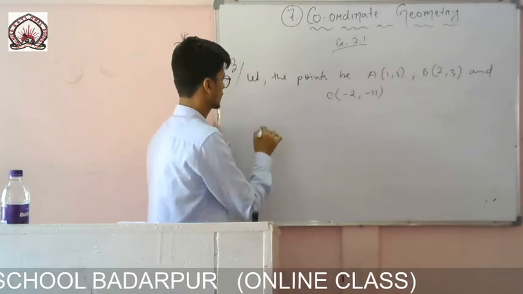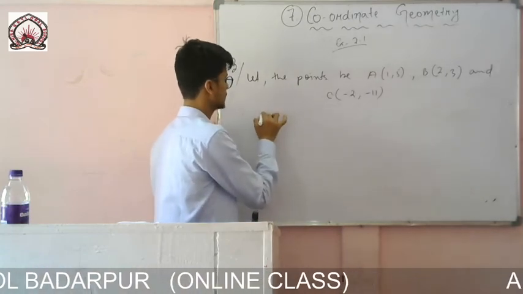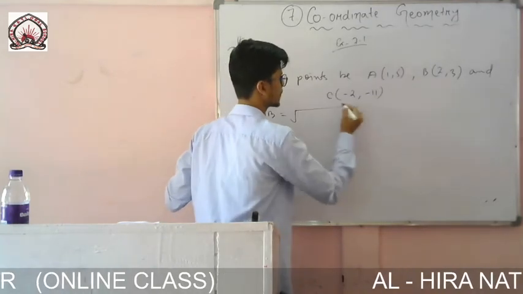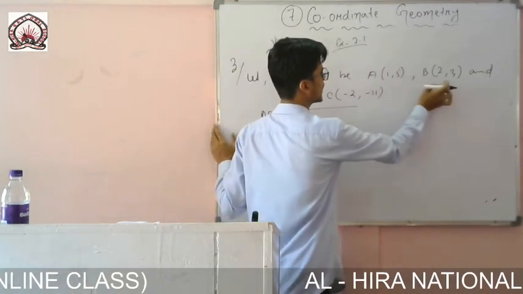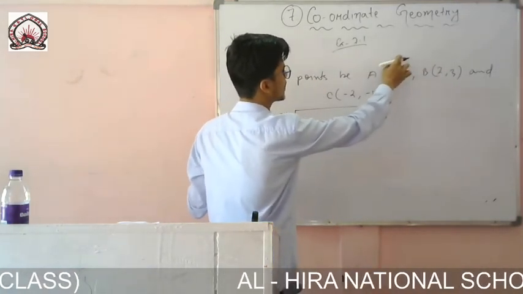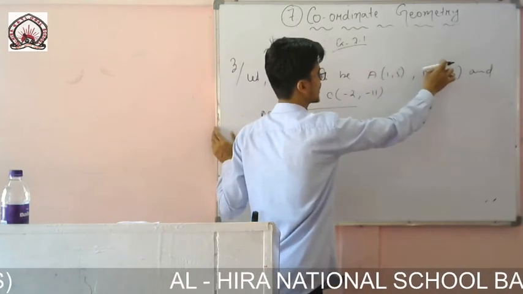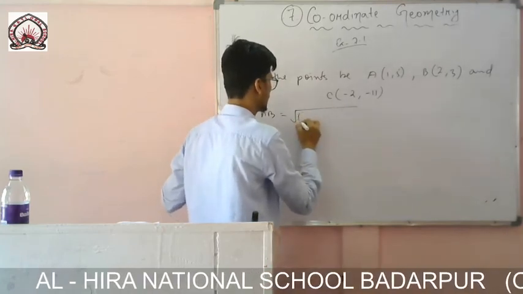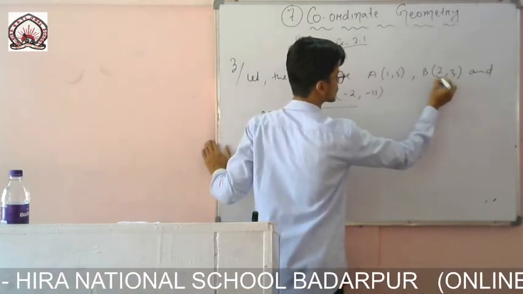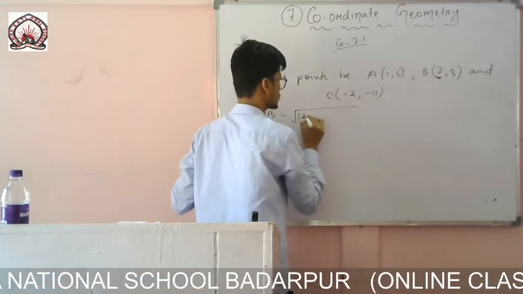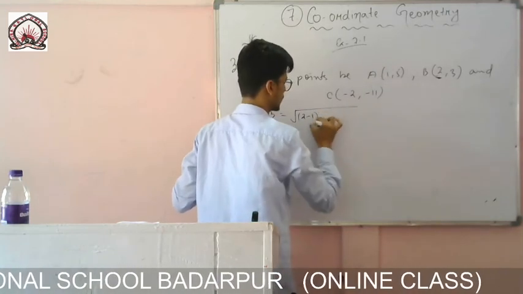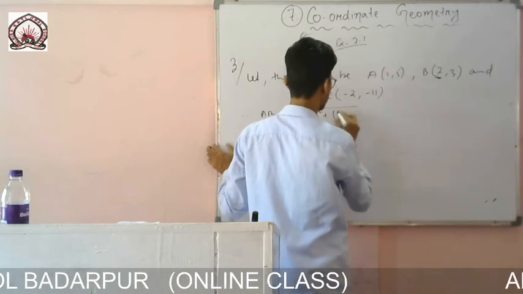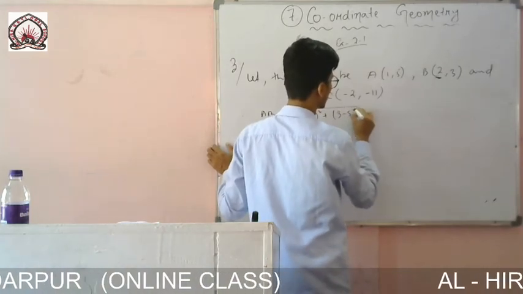So first, distance AB. Let me find AB. Here it is x1, this one y1, this one x2, this one y2. So it will be the square root of (x2 minus x1) whole square plus (y2 minus y1) whole square. y2 is 3 minus y1 it is 5, whole thing square.